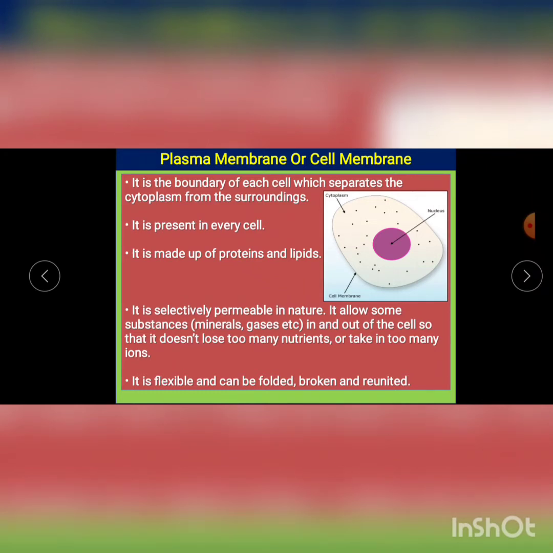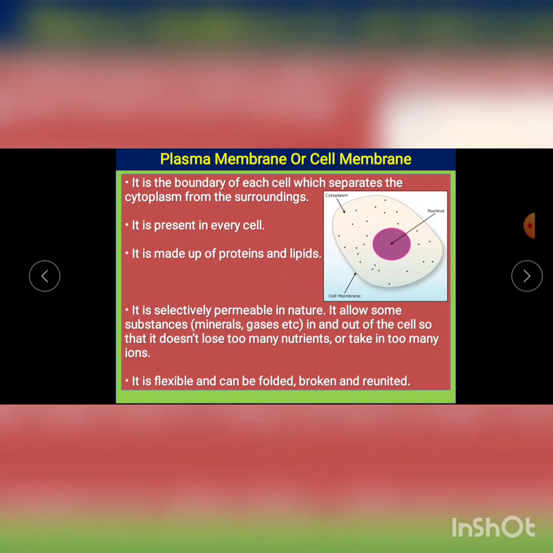Only some selective or particular substances can pass through the cell membrane. That is why it is called selectively permeable, because not everything is allowed to enter or exit the cell.